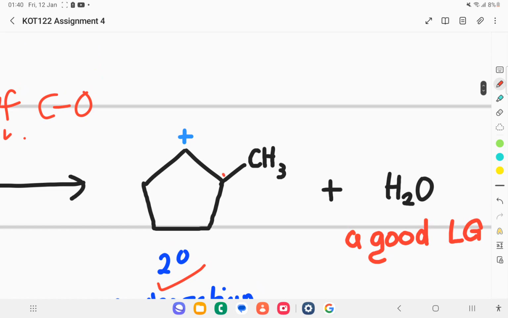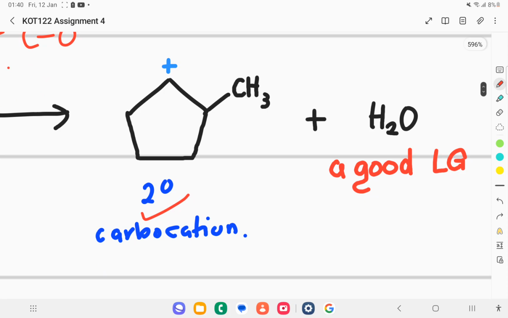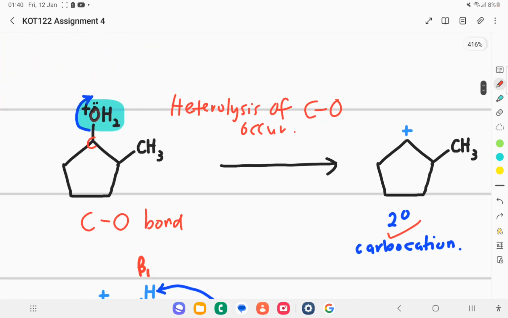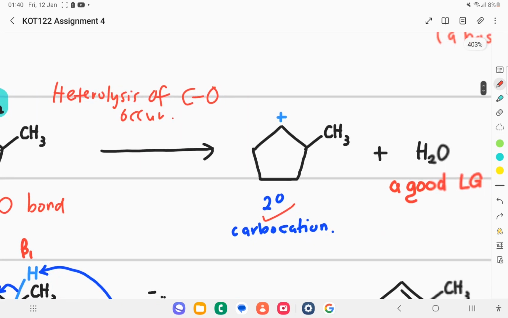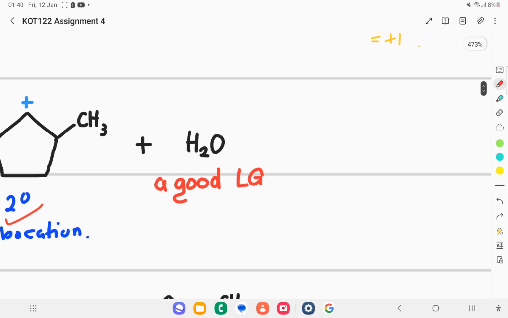Because there are 1 and 2 neighboring carbons attached to this carbon. So it is a secondary carbocation, and the positive OH2 will leave as water, a good leaving group.